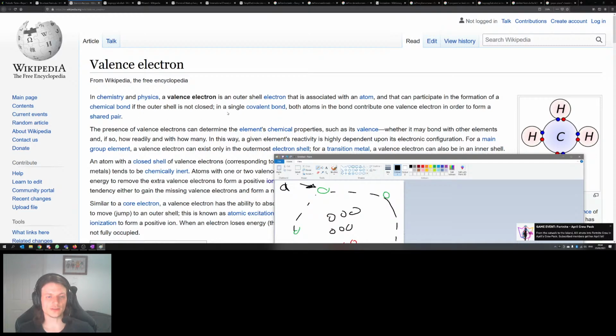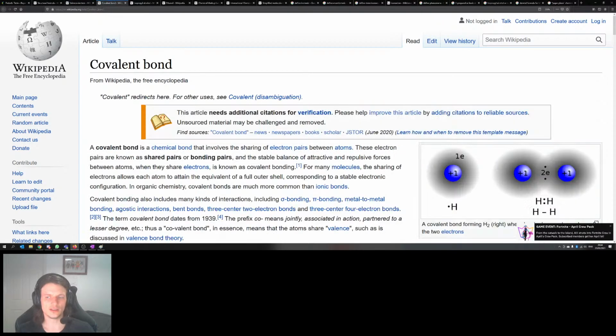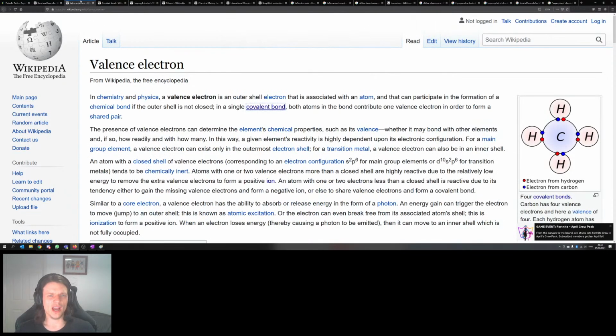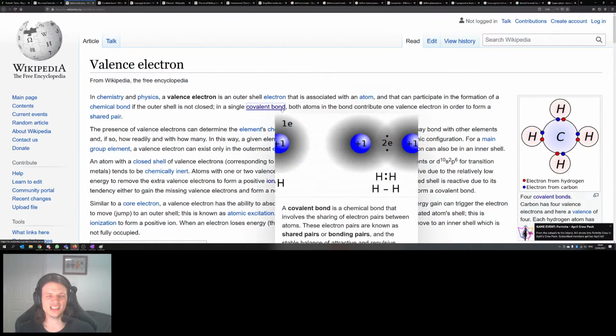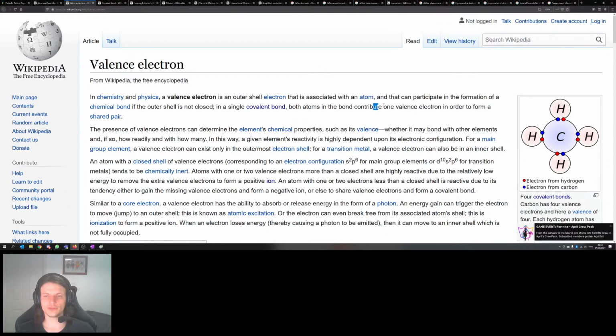If the outer shell is not closed, in a single covalent bond, a chemical bond that involves a sharing of electron pairs between atoms, both atoms in the bond contribute one valence electron in order to form a shared pair.